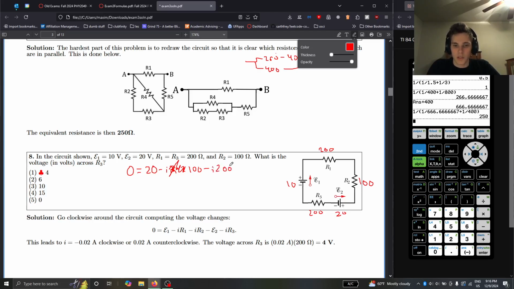And then we hit this EMF, and since it's going in the opposite direction, we actually subtract this 10, because again, overall, we're only going to have 10 volts being driven through the system. And then obviously minus I 200 from this one as well. Now what this ends up being is that net 10 going clockwise here, or counterclockwise? Counterclockwise is going to be equal to I of 200 plus 200 plus 100, or 500.